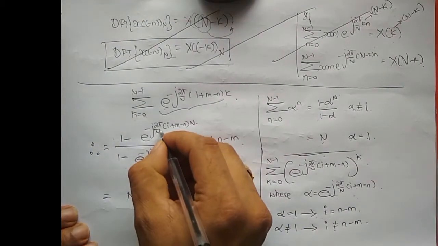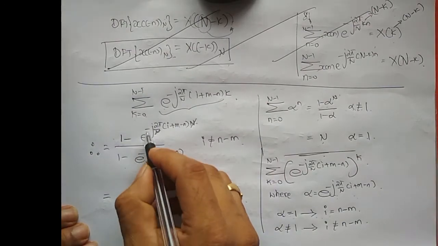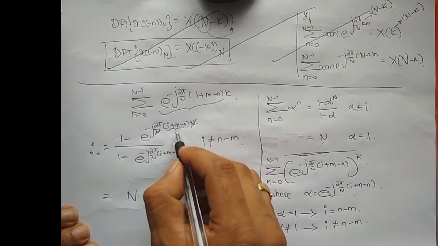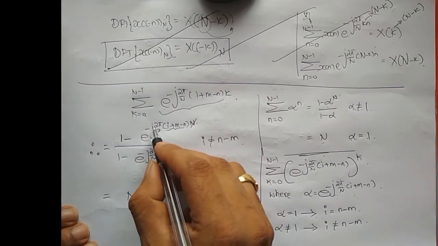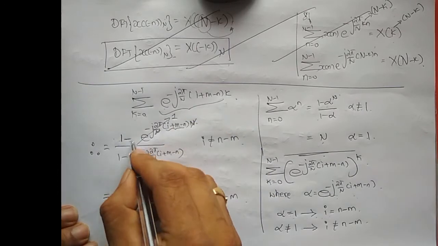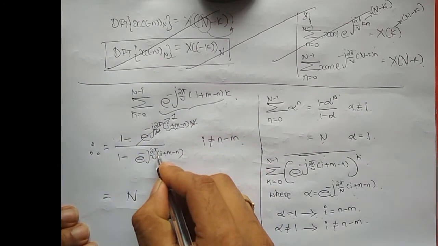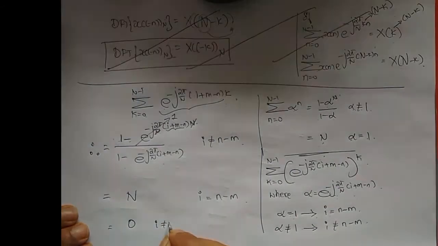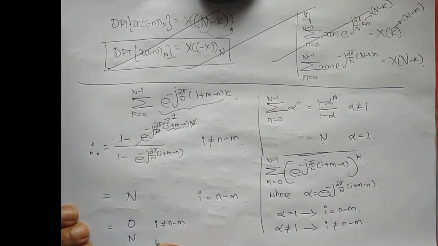Now here this N cancels out, e power minus j 2 pi into any integer, since I, m, n are all integers. So e power minus j 2 pi into any integer is always 1, so this term is 1. So 1 minus 1 is 0, and 0 by anything is 0, right? So we end up with 0 for I not equal to N minus m, and equal to N for I equal to N minus m.